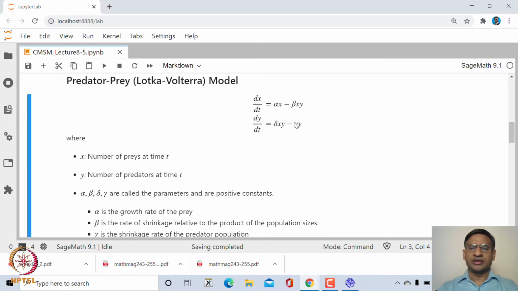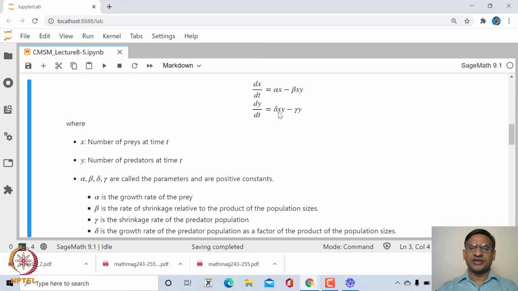However, in the presence of the predator, this is the rate of shrinkage relative to the product of the population sizes. Similarly, dy by dt is delta xy minus gamma y.